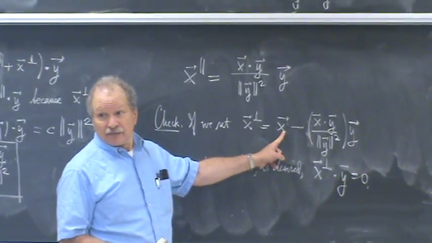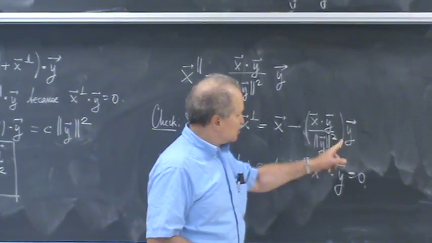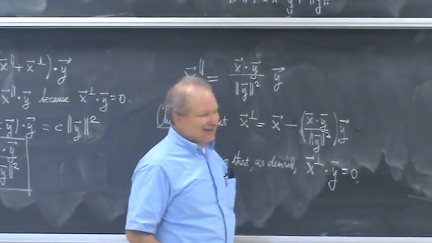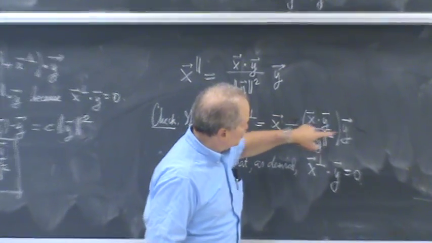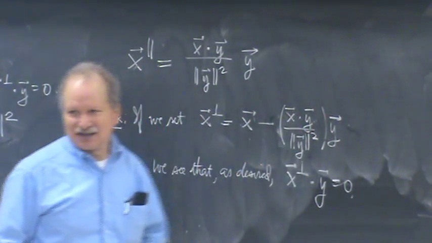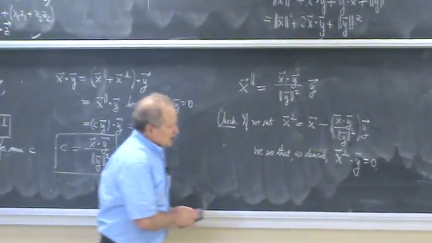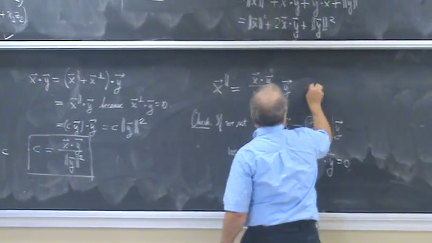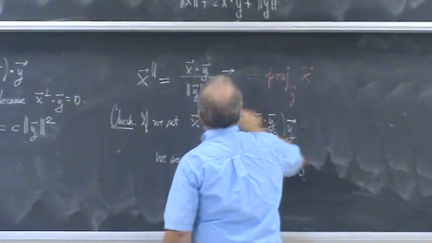You get x dot y, and then you dot this with y. So you have a y dot y with a scalar. You have x dot y minus x dot y. So you have x dot y here, the y dot y cancels the denominator, and I have x dot y minus x dot y is 0. So it worked. Okay. So this vector here is so important, we're going to give it a name. We're going to call it the projection of x on y.